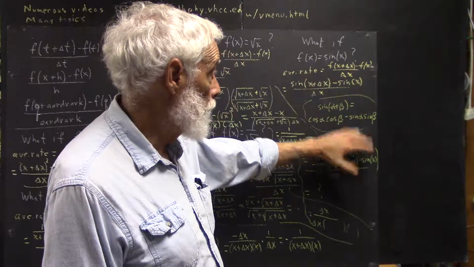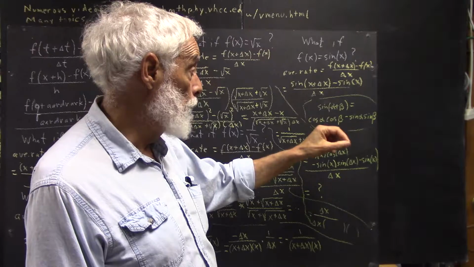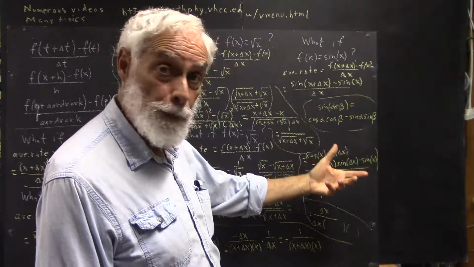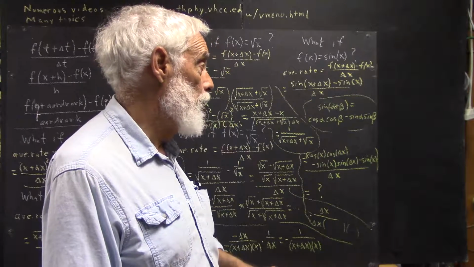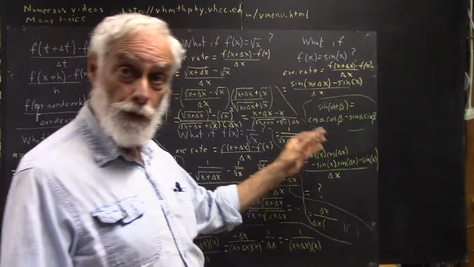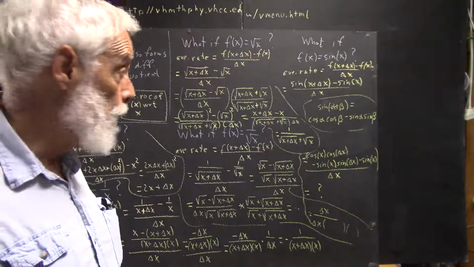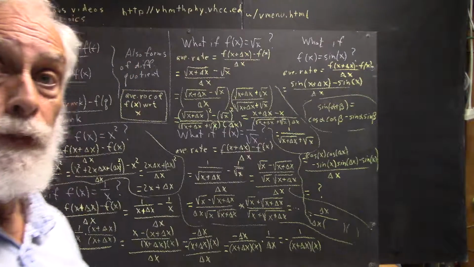See if you can use that to begin simplifying this expression. You're probably not going to get too far until we start taking limits. The thing doesn't simplify very much. But as soon as we start taking limits, as delta x approaches 0, and you should know that that's where we're heading, things simplify out very nicely. So, see what you can do with that.